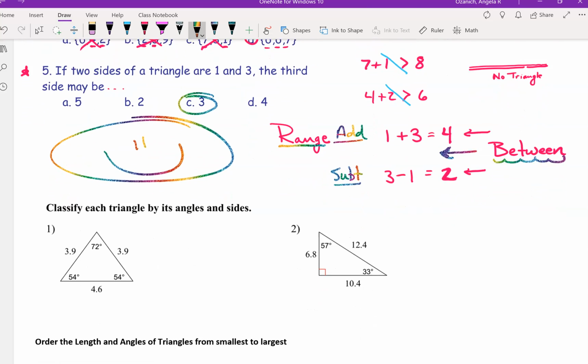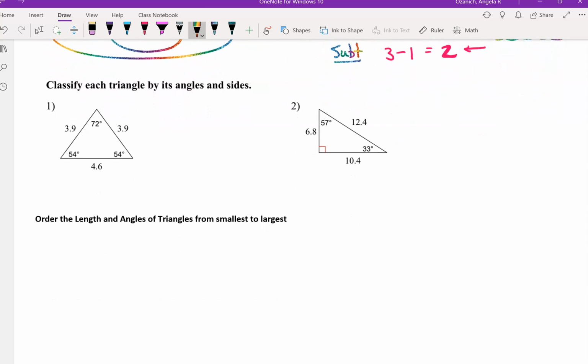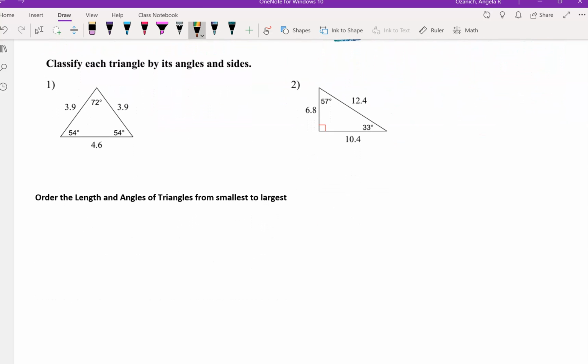A little pause in the action, and we are going to classify some triangles. So classifying triangles happens by their angles and their sides. I'm going to write for you the choices that you can classify for angles, so you want to have these written down somewhere.